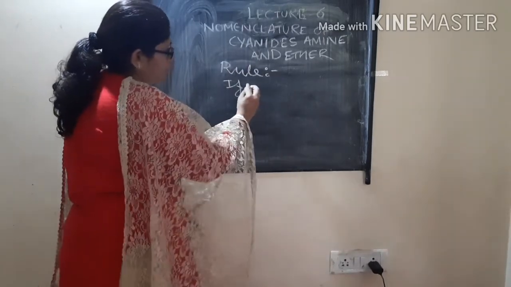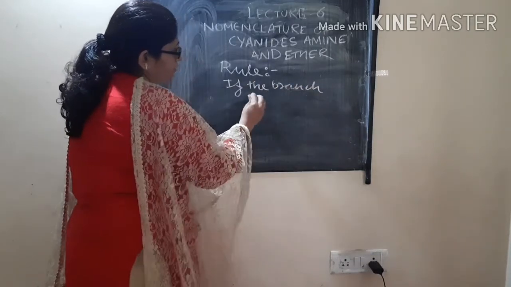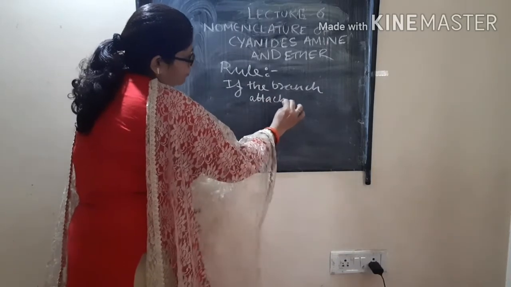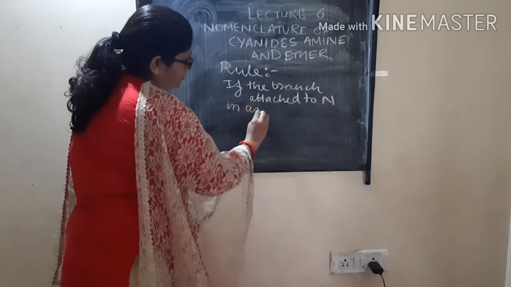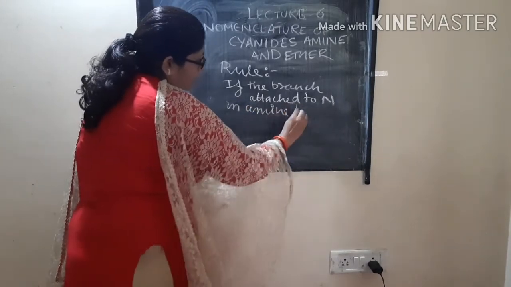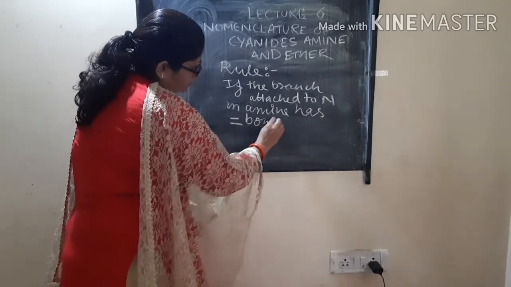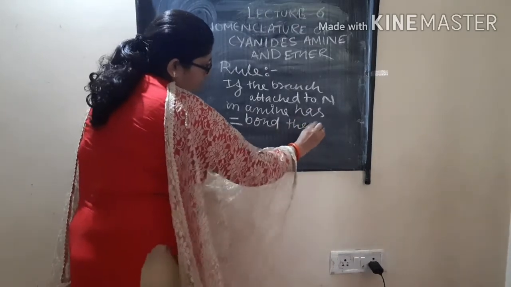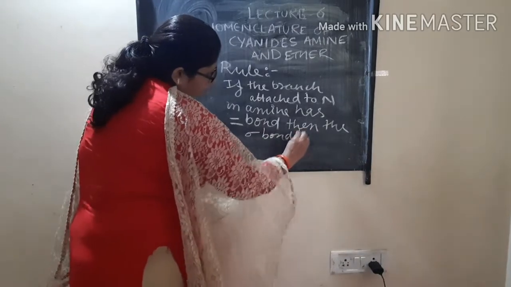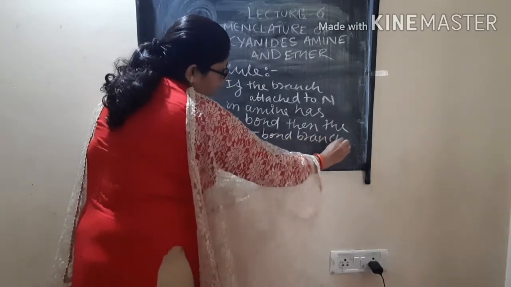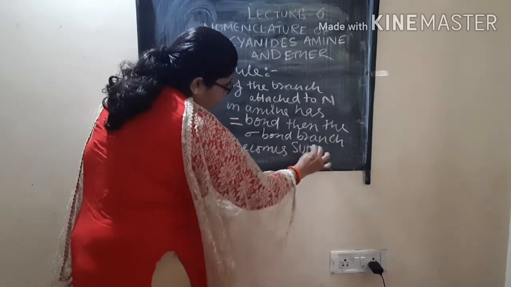If the branch attached to nitrogen in an amine has a double bond, then the sigma bond branch becomes the substituent.